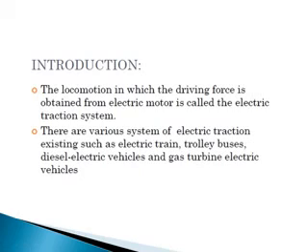There are various electric traction systems like electric train, trolley, buses, diesel electric vehicles, gas turbine, etc. And not only this, electric traction includes battery electric drive, freight electric drives also.